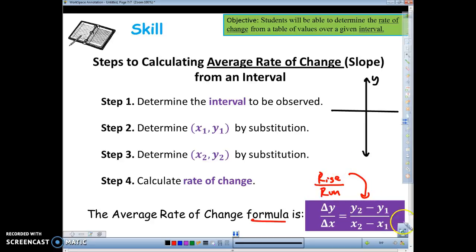Now notice I have y values. y2 is located here, and y1 is located here. All you're doing is measuring the difference. What is my rise? And then my x-axis, that's my run. If I was to run along a straight line, that's my run on the x-axis. So notice again I have my x2 and my y2.